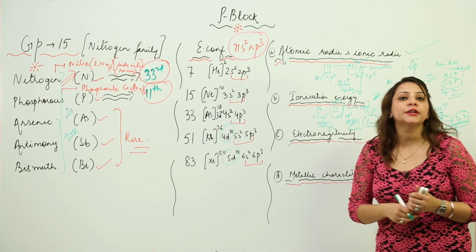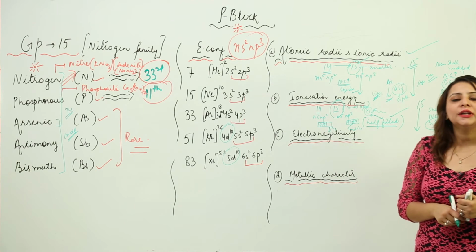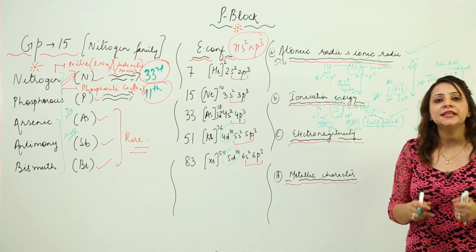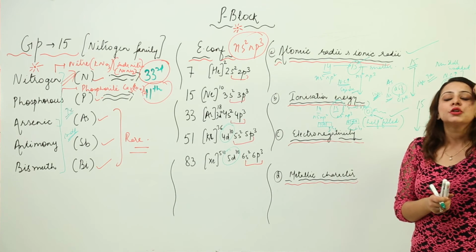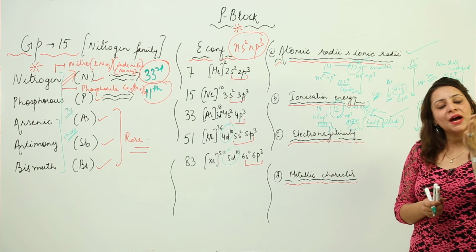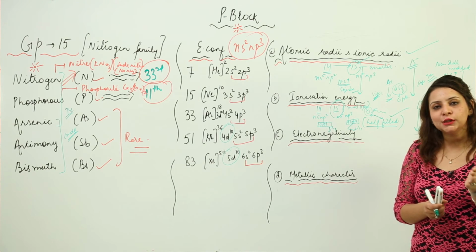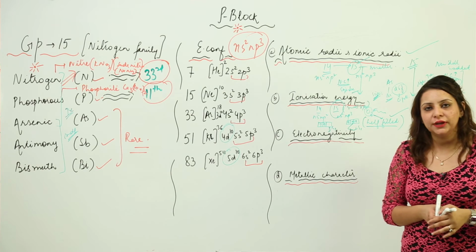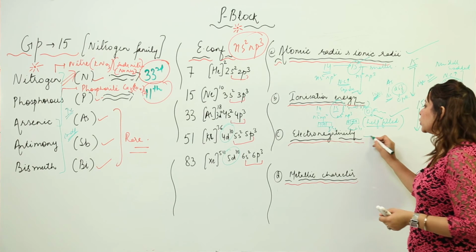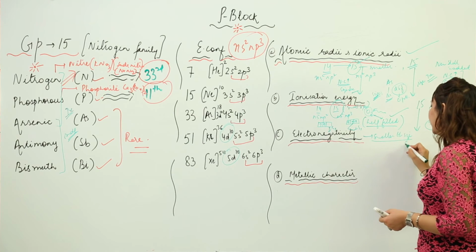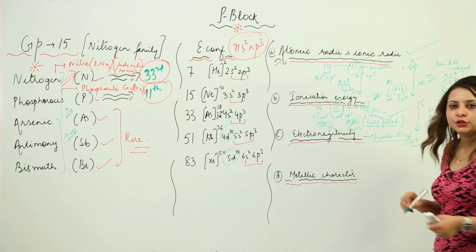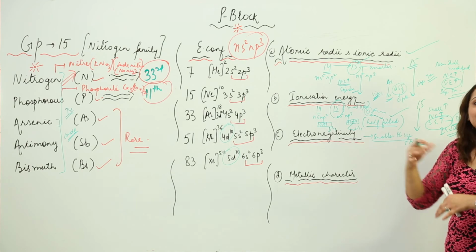Third, we have the electronegativity. As you all know, electronegativity means the tendency to attract the shared pair of electrons more towards itself. If I ask you what are the factors on which electronegativity depends, you know that the smaller the size, the more is the electronegativity, which means more power to attract the shared pair.